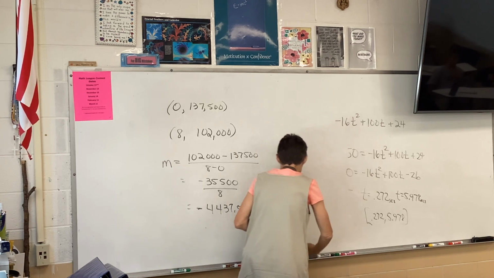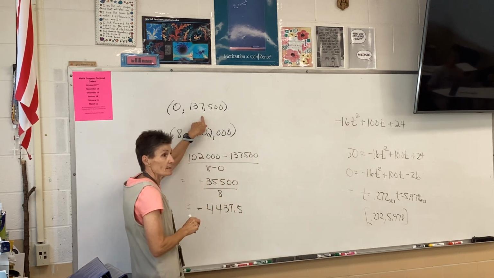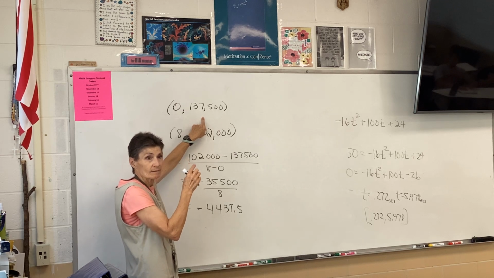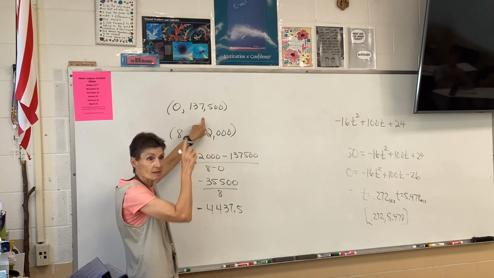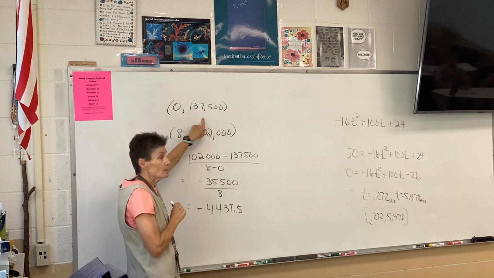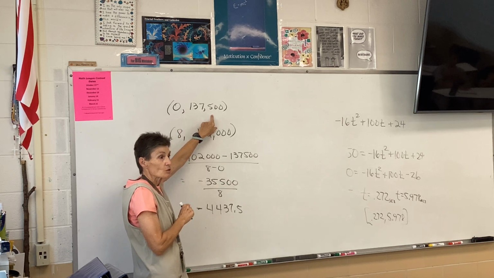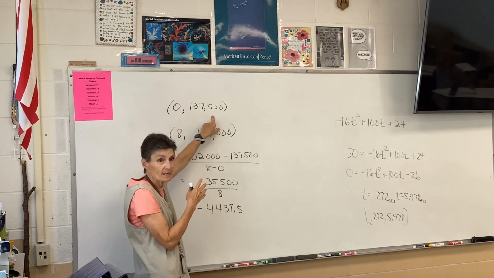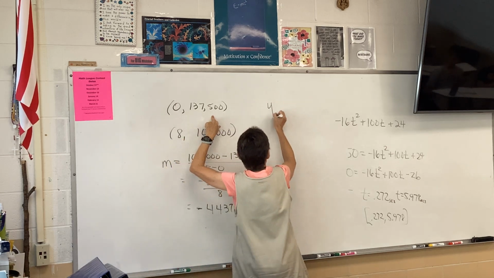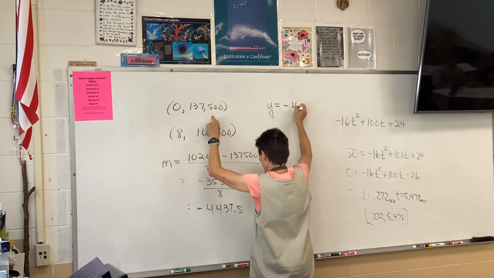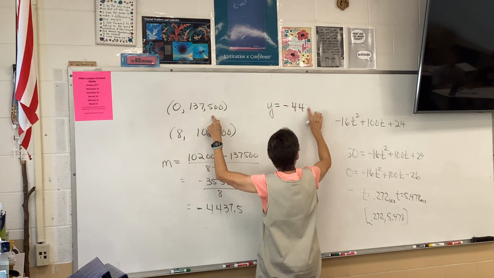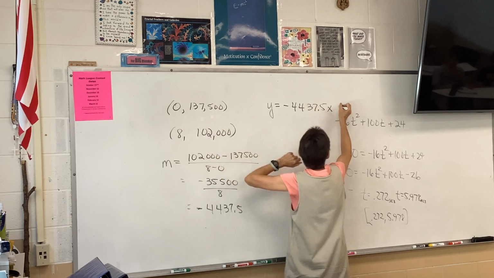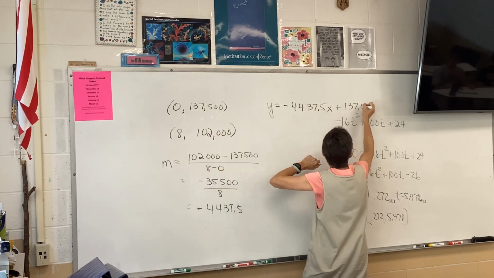And since this point right here is 0, comma, what is that point? That is the y-intercept. So isn't that B? So you can go ahead and work things out if you want, but you really already have B. So your equation is negative 4337.5x plus 137.5.